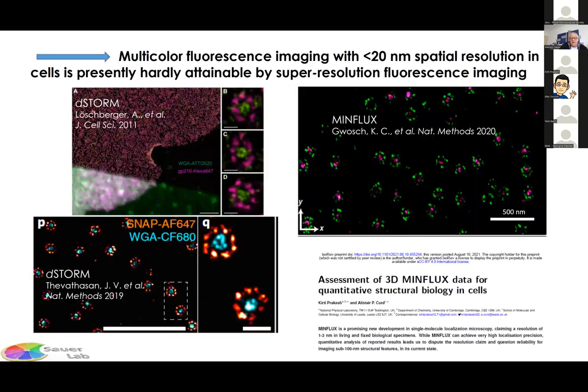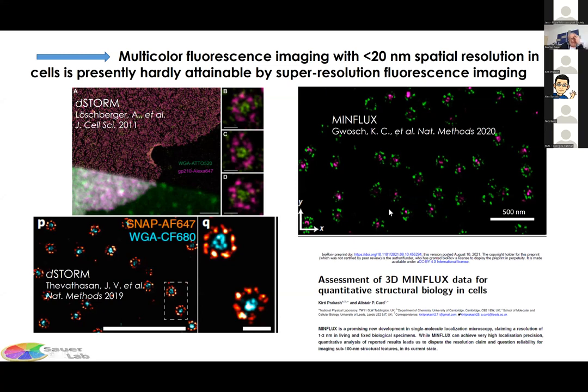This is maybe the reason, and I'm coming back to Kitty's paper here, about the debate which has been sparked about the resolutions achieved by these different single molecule localization microscopy techniques. From the first introduction of the nuclear pore complex 11 years ago by us here, then Jonas Ries achieved a much higher localization precision and also nicer images 8 years later here using SNAP-tag technology to label nuclear pore complexes.